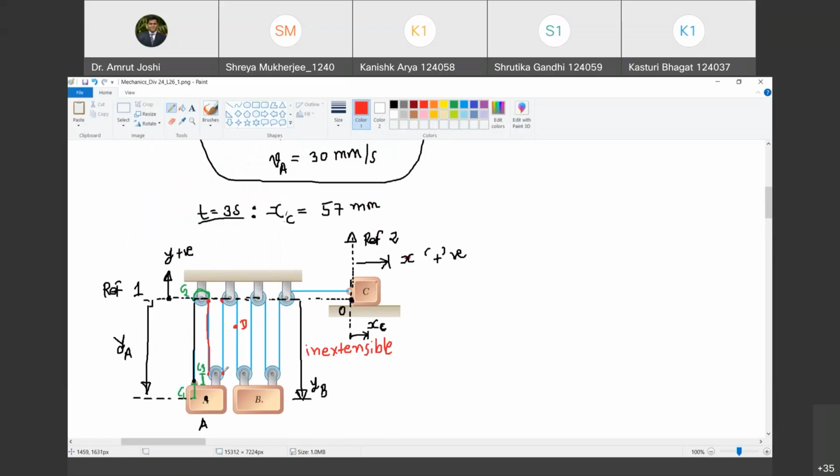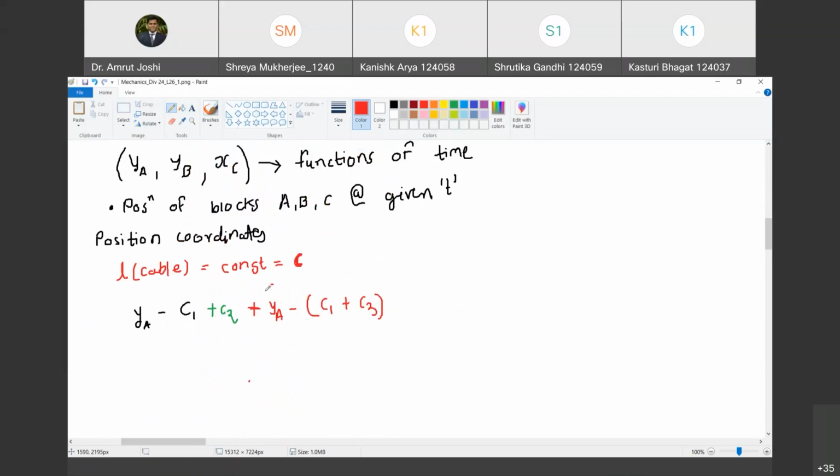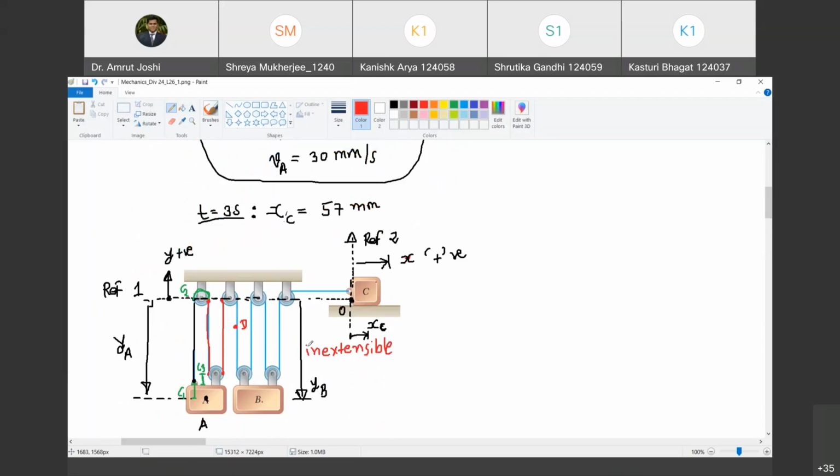Okay. Now, what can you say about this length? It is precisely the same. Yes, sir. Do you agree with me? Yes, sir. So therefore, I am marking it in red. So the total summation of these two red lengths will be equal to twice of this. Agreed? Yes, sir. Okay, fine. Now, what can you say about this length?